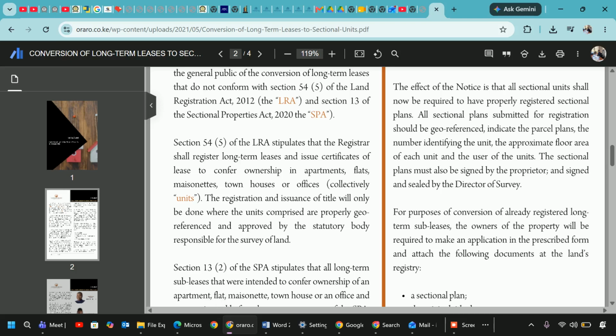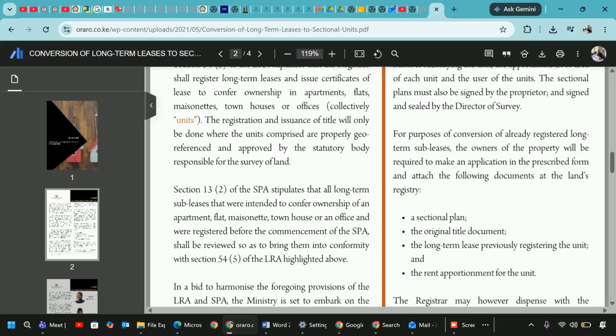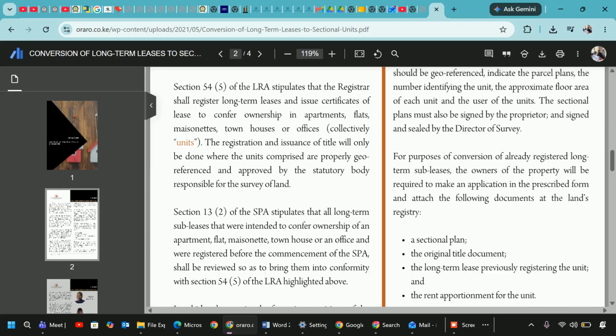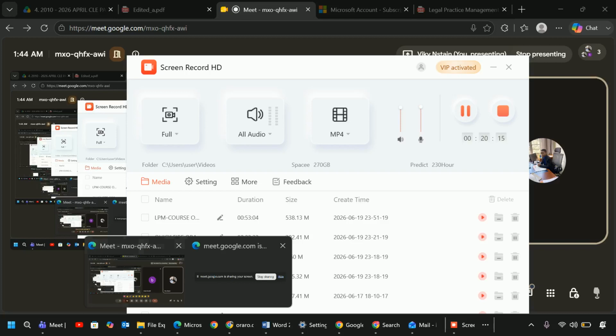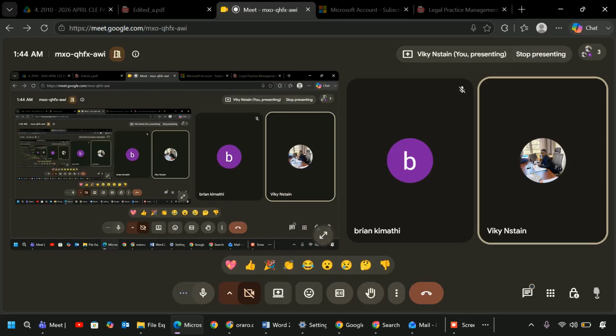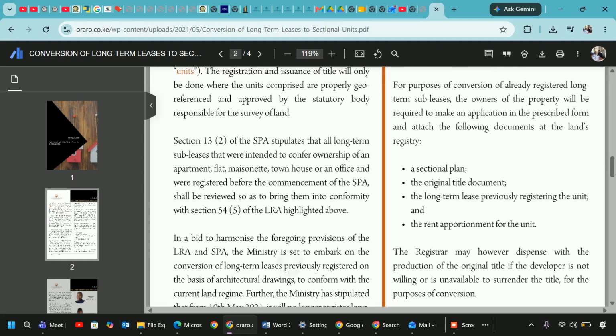That is important. For purposes of conversion of already registered long-term subleases, the owners of the property will be required to make an application in the prescribed form and attach the following documents at the lands registries: a sectional plan, the original title document, the long-term lease previously registering the unit, and the rent apportionment for the unit.